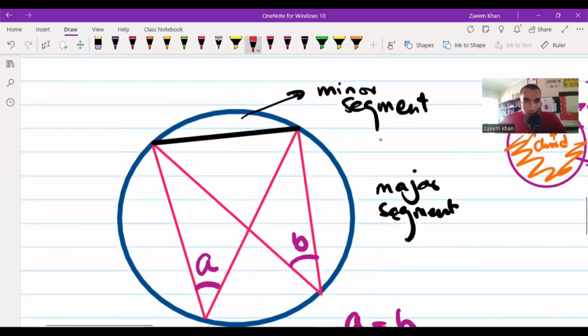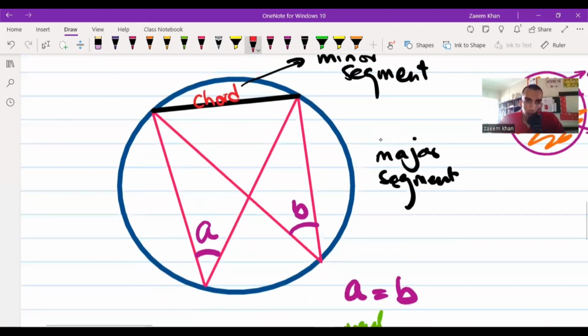In order for that, we're going to be labeling this chord. If two angles subtend from the same chord, what do I mean by that? Take a look at the screen if you're not watching. I'm going to draw an angle here. An angle is always formed by drawing two intersecting lines, right?